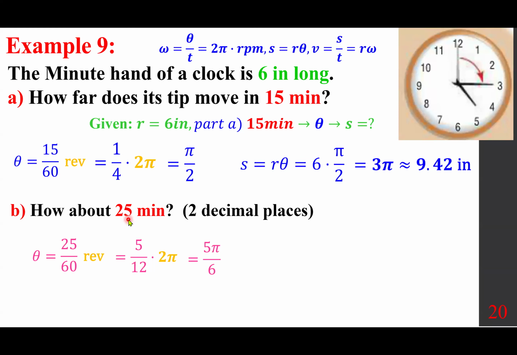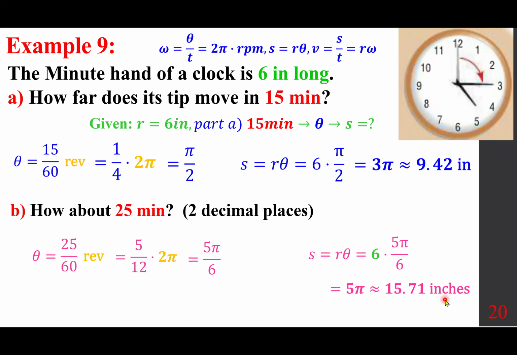So again, we are looking at the proper units. S equals r theta. R is the good old 6 inches, and they cancel each other. It's precisely 5 pi, roughly 15.71 inches.